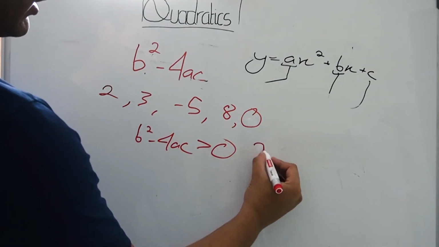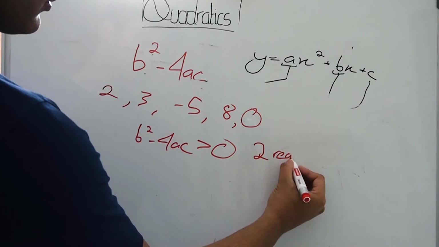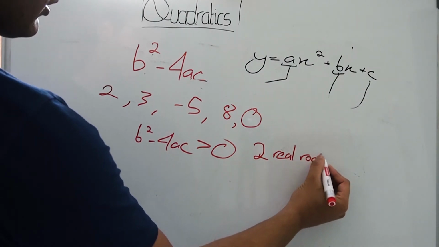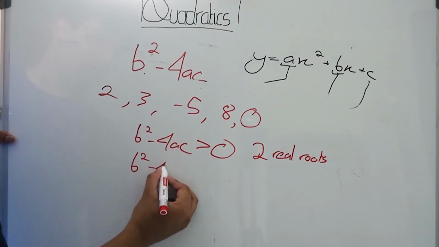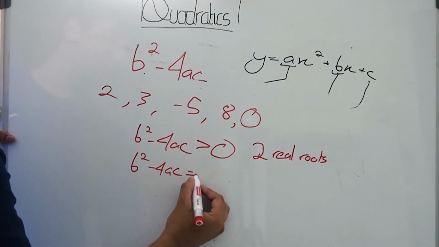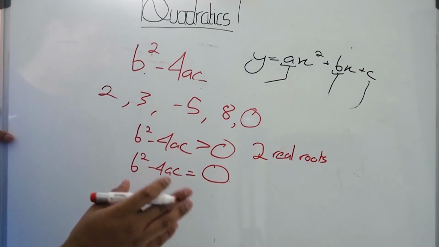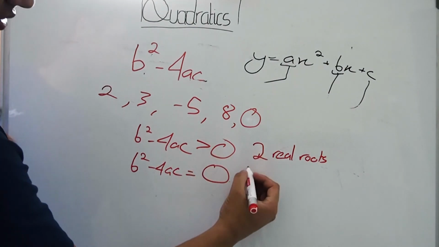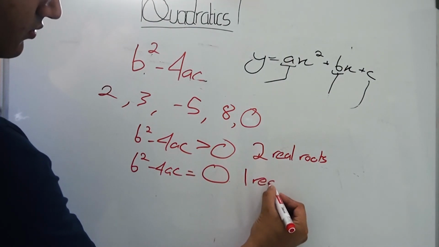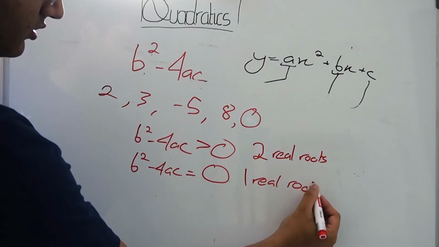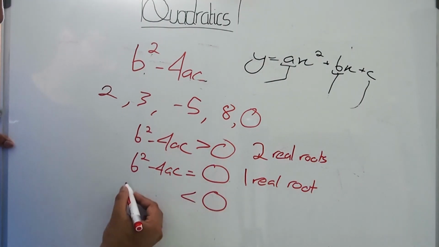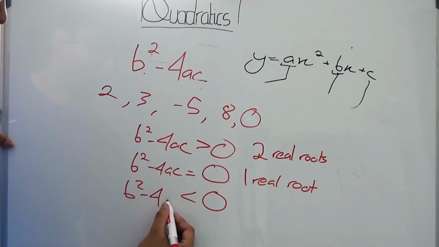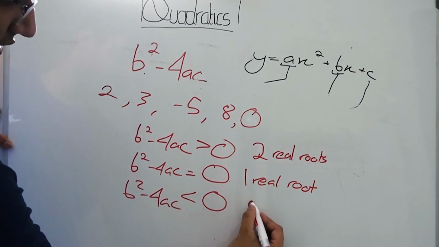There are two real roots. If b square minus 4ac, or the determinant, equals 0, neither positive neither negative, so it will be one real root. However, if it is less than 0 or negative, there are no real roots.